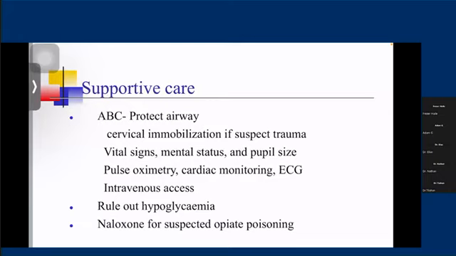After airway, we can proceed to breathing and circulation, putting the patient on oxygen, and putting the patient on a mechanical ventilator, which is sometimes a must depending on the patient's condition. Following vital signs, mental status, and pupillary size is also very important.